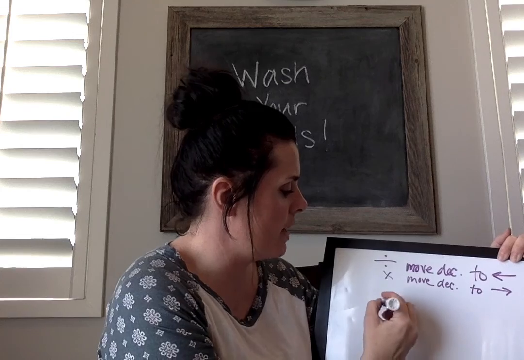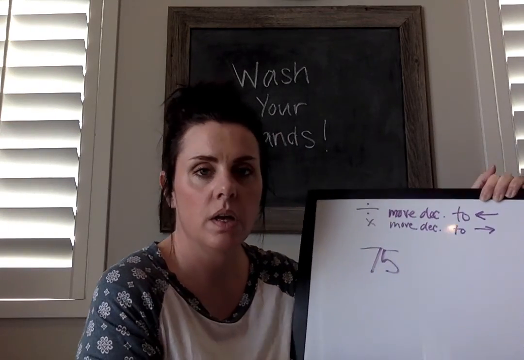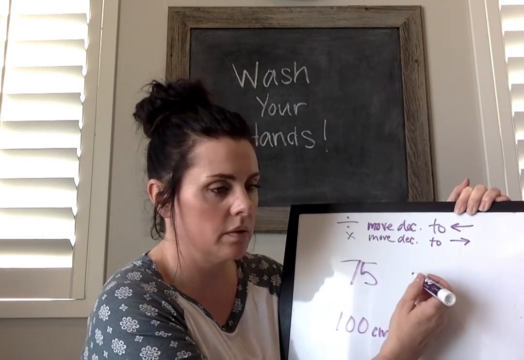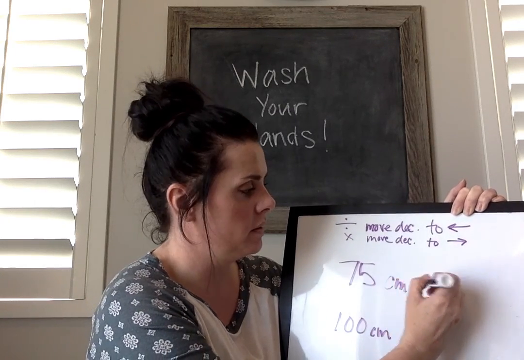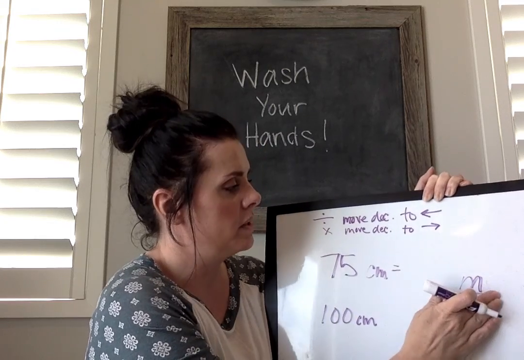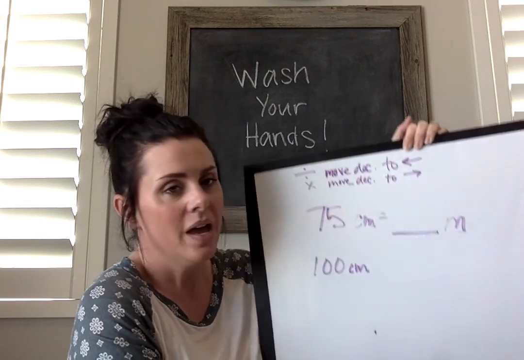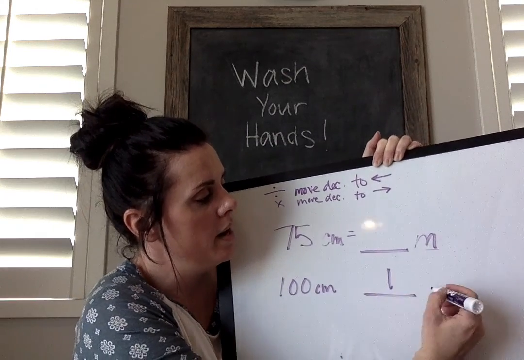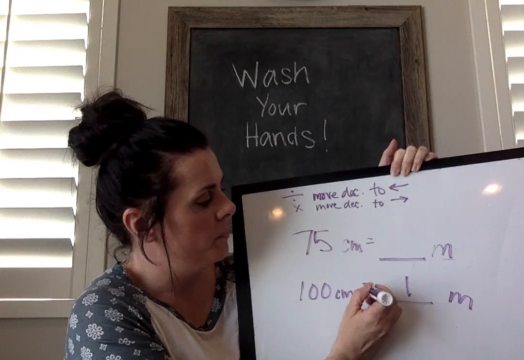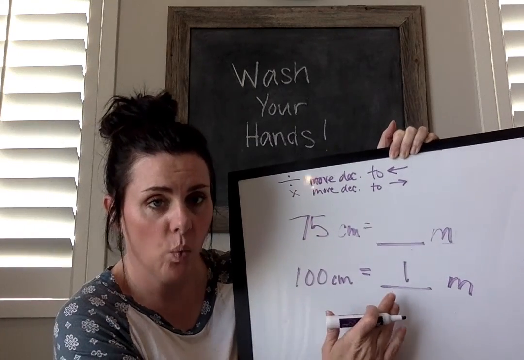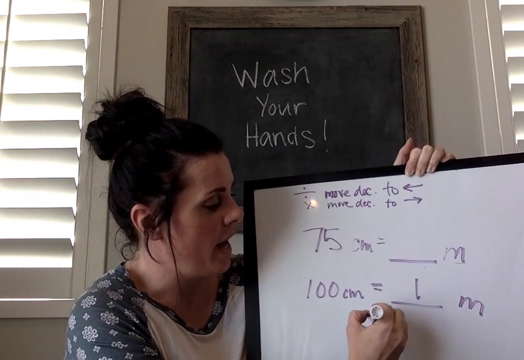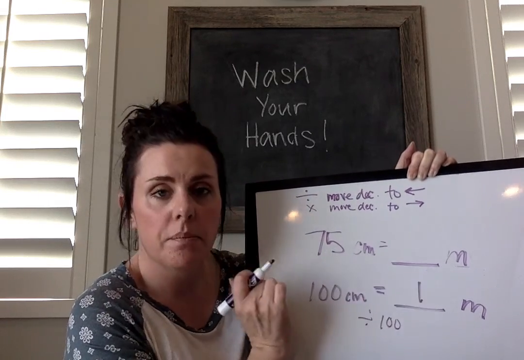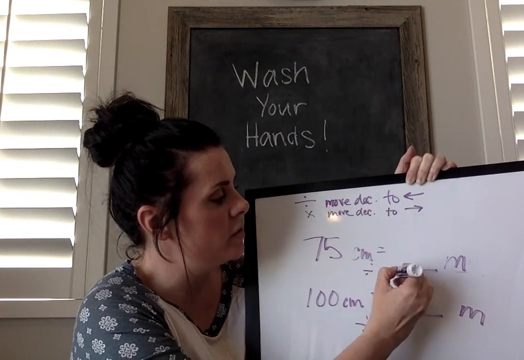So I've got 75 centimeters, and there's 100 centimeters in 1 meter. To get from 100 to 1, I'm going to divide by 100. So I'm going to do the same thing up here. I'm going to divide by 100.